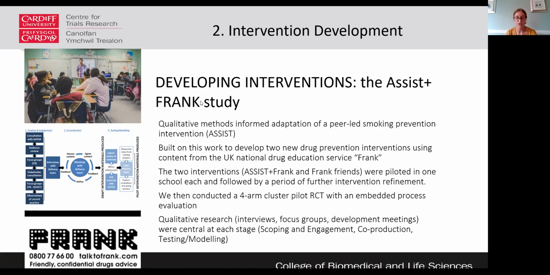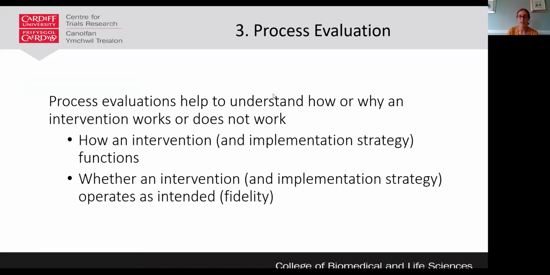The interventions were piloted in 1 school each, and they used a range of qualitative methods, including focus groups and interviews and development meetings to refine the intervention. So qualitative methods were really used throughout the whole process to develop the intervention.